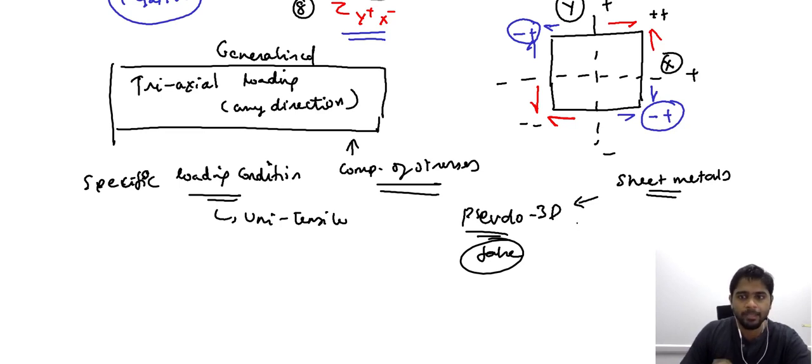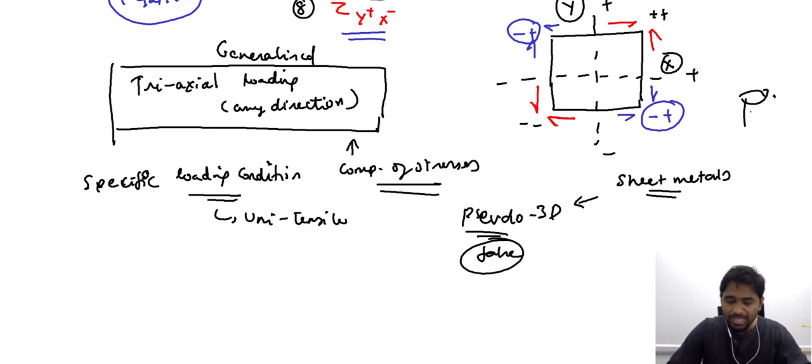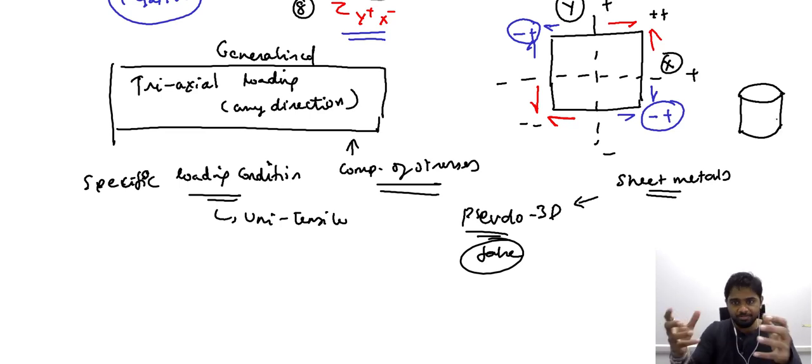So in the subsequent lecture we will be considering how the mechanical condition a material would experience when it assumes the form of a sheet metal, as opposed to a conventional three-dimensional case, for instance a cylinder that we have so far been considering. How would the mechanical condition experienced by the sheet metal vary?